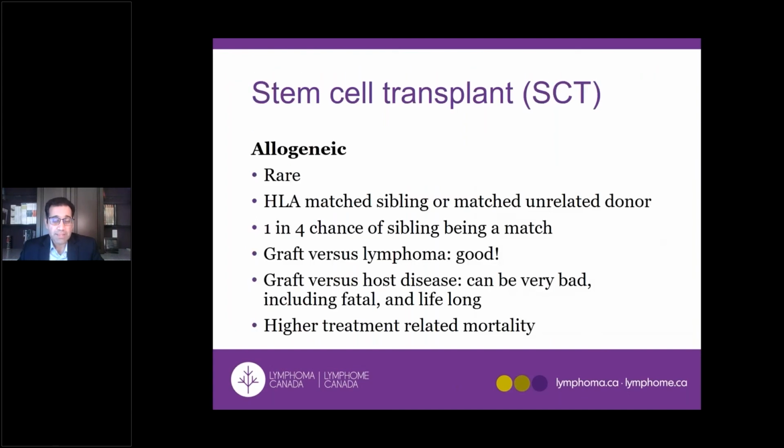Allogeneic transplant is a different story and a different rationale. So in allogeneic, basically we bring donor lymphocytes to the patient's body to ask them to attack the bad cells. But we want to make sure that these donor cells will not attack extensively the normal healthy tissue of the patient. And why am I saying extensively? Because we know that at some point we need this. We need the graft versus lymphoma effect.